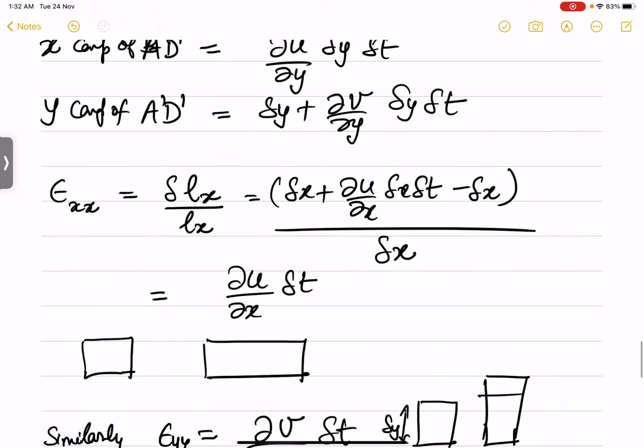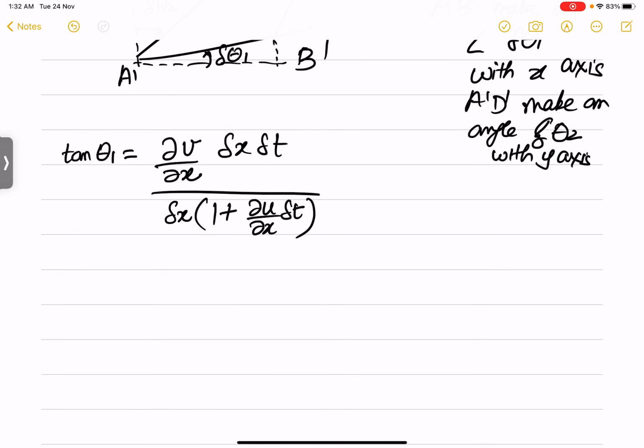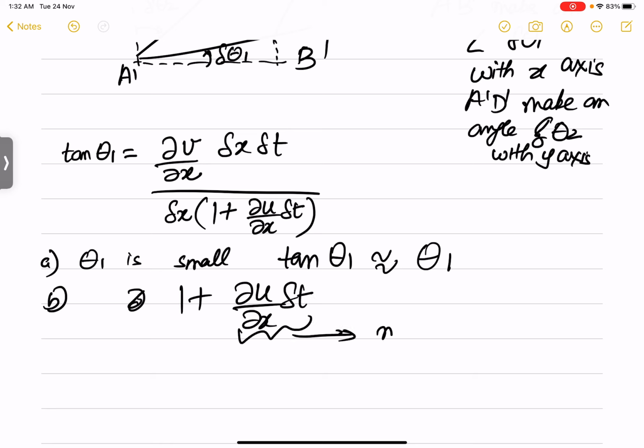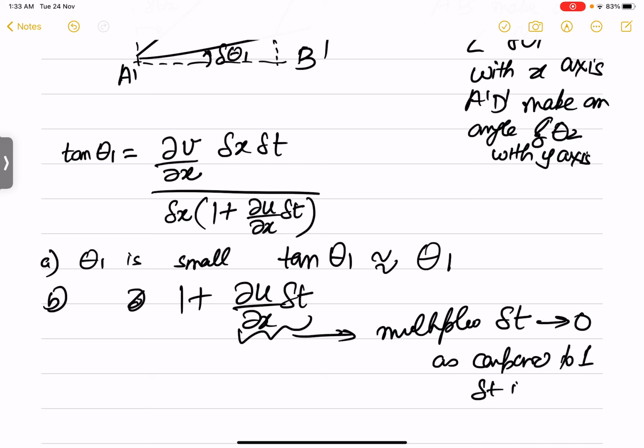Now we will make two approximations. Theta 1 is small, we are talking of small angles, so tangent theta 1 is nearly equal to theta 1. Secondly, we have 1 plus partial u by partial x delta t. The second term is multiplied by delta t, which tends to 0 in the limit, and as compared to 1, delta t is very small.